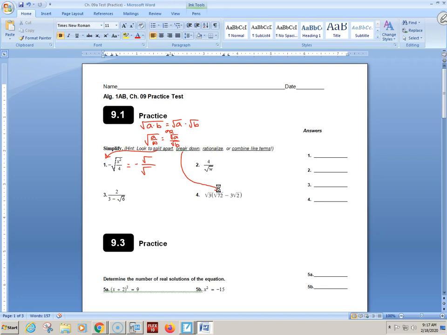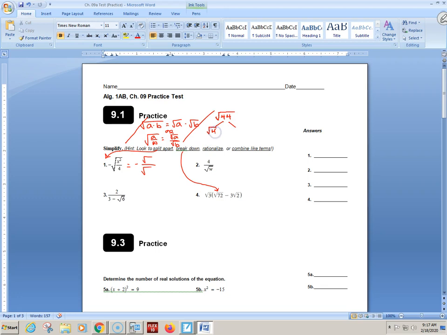Quick reminder of broken down. I could do little lines to give us room. There was splitting apart. Now breaking down. If I have something like, let's not do 72 because that's the one you're going to practice with, let's do something like 44. What could 44 break down into? 11 and 4.